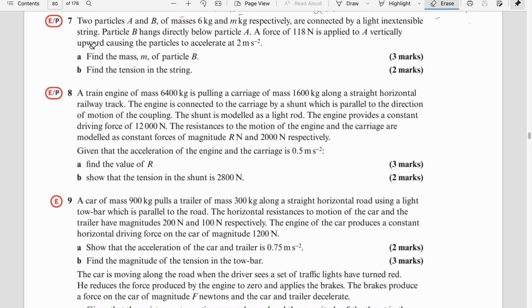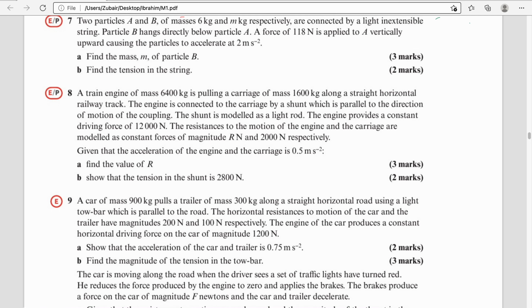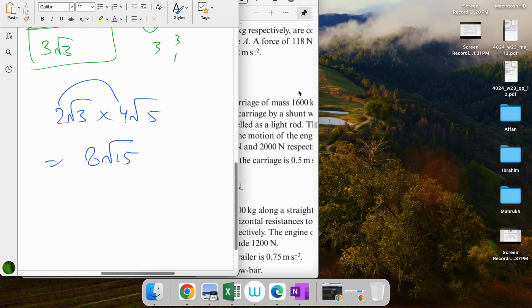Question 7 says two particles A and B of masses 6 kg and m kg. Let's use this space.